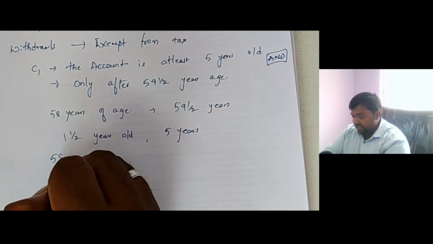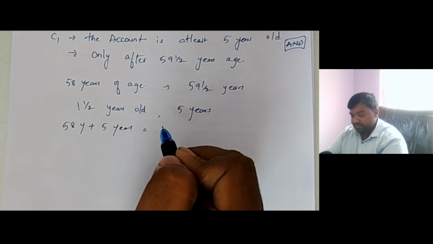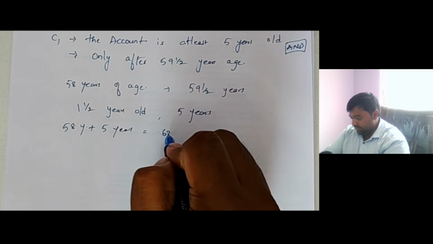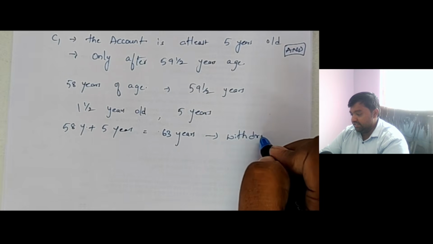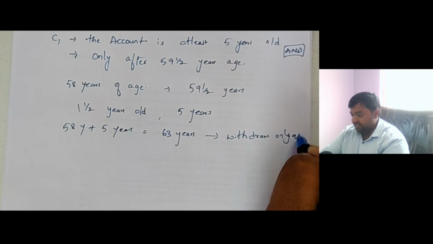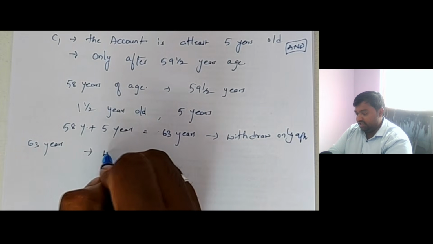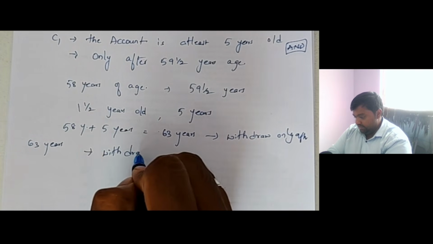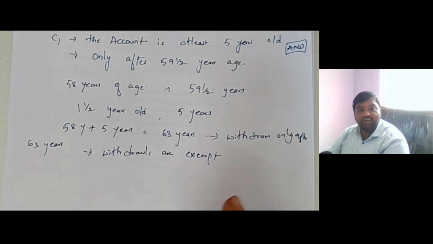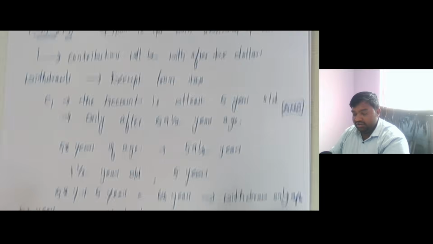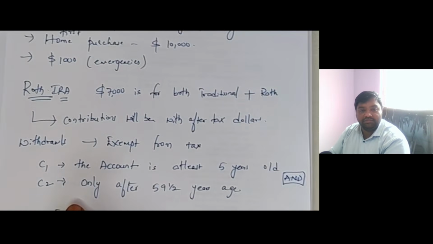So 58 plus 5 comes to 63 years. You can withdraw only after 63 years. Only then are the withdrawals exempt. If you withdraw before it, then you are taxable. This is an example, okay?